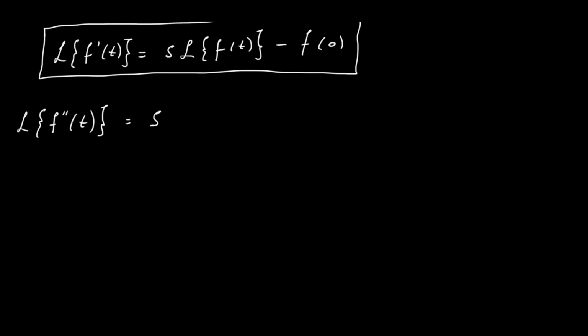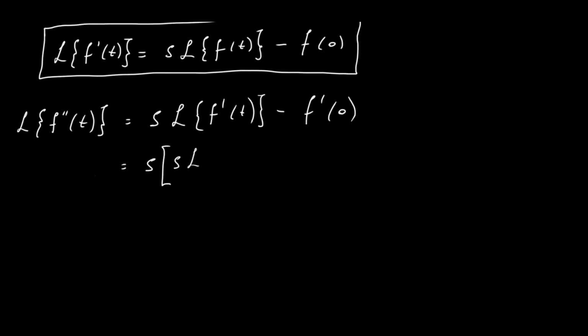We've got s times the Laplace transform of f prime t minus f prime 0. So that's just s times the Laplace transform of f prime. Well, that's just all of this here. So let's put that in. So we've got s times the Laplace transform of f of t minus f of 0, minus f prime 0.